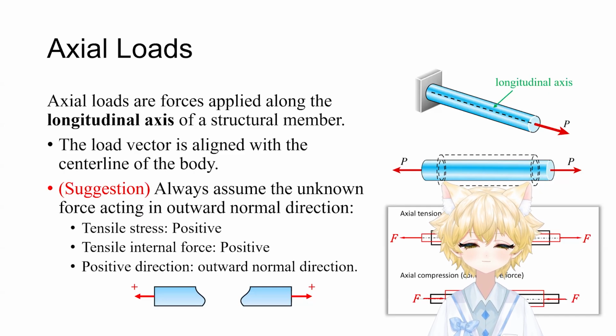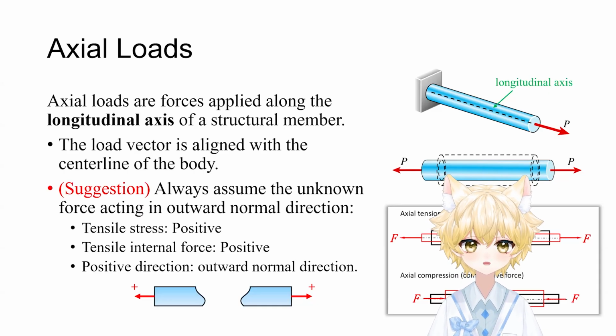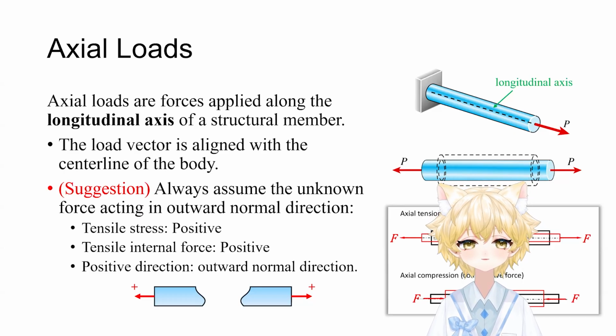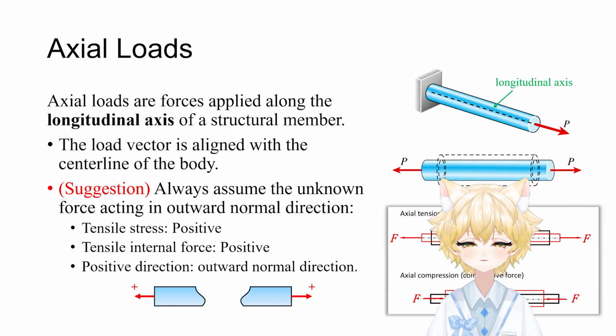Even though we just discussed it, it is crucial for this chapter. When you start solving this kind of problem, I suggest you always assume the unknown internal force is acting in the outward normal direction, which is the tensile direction, right? Assume your internal force is positive under our sign convention. Well, this means the member is in tension. If you get a negative result, you know it's compression. It simplifies the math.